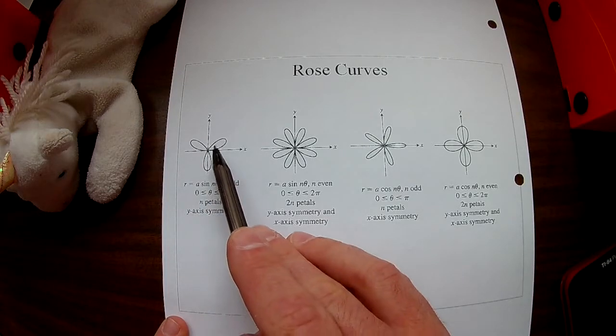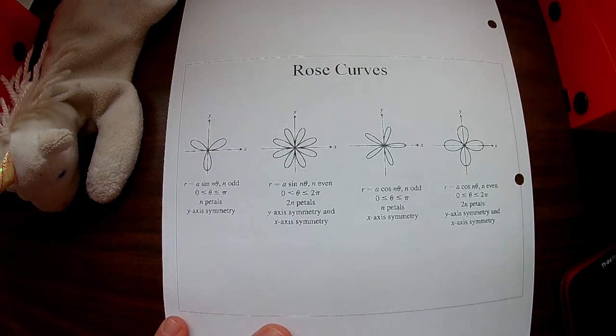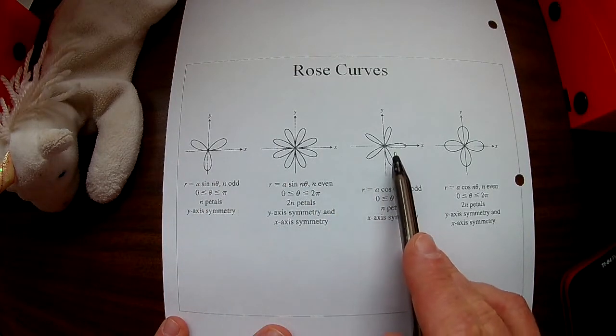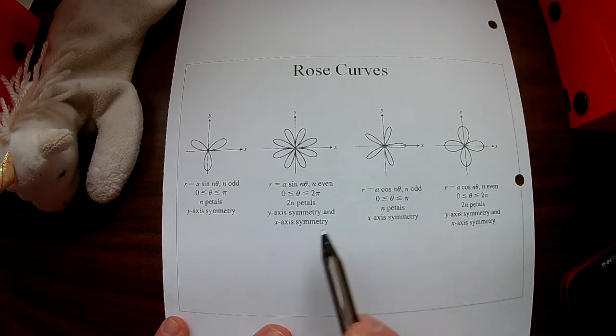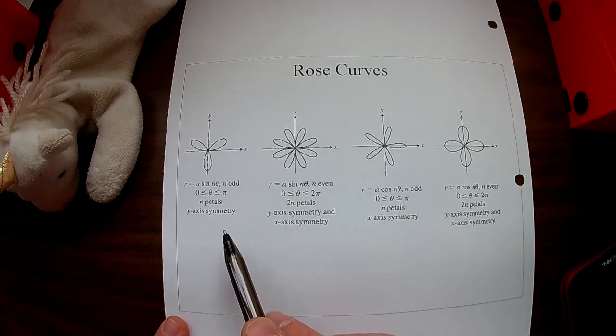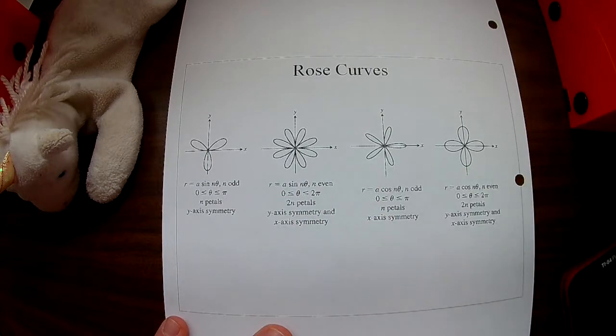The a here determines the maximal radius on this function, and the n determines the number of petals. The higher the n, the more petals you have. If n is odd, you're going to have an odd number of petals, and it's the same number as n. If n is even, you are going to have an even number of petals, and it's twice whatever n is.